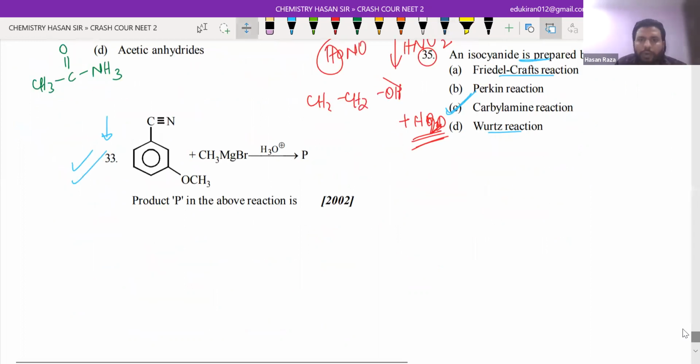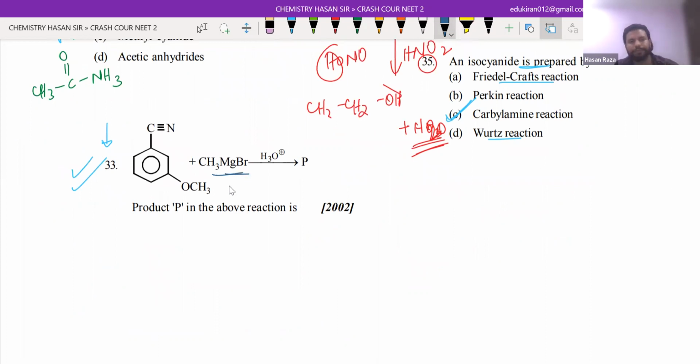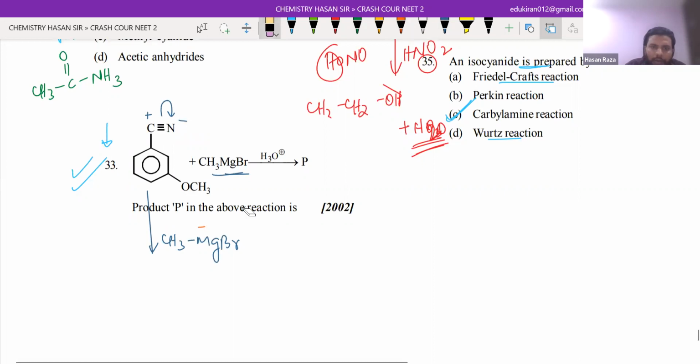First of all, if you react this with Grignard reagent, what will happen? You know that nitrogen is more electronegative, so it will take electron from carbon and there will be positive. Carbon is non-metal, so it will have negative charge and this will have positive charge.